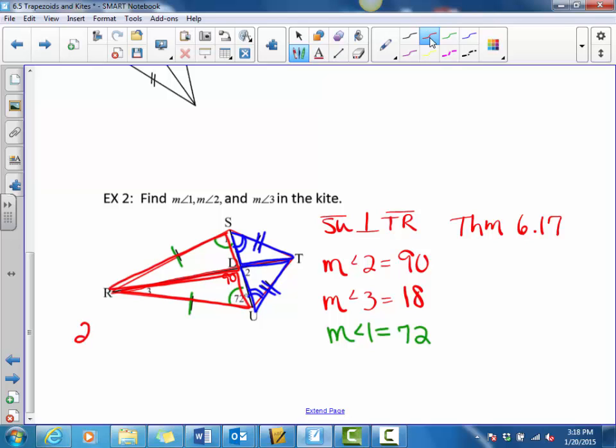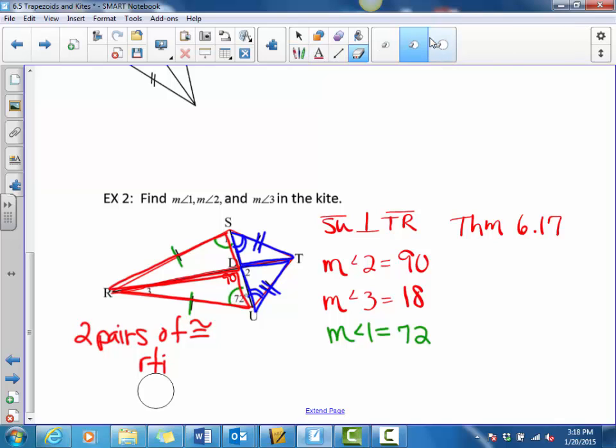So really, the diagonals make two pairs of congruent right triangles. Two pairs of congruent right triangles.